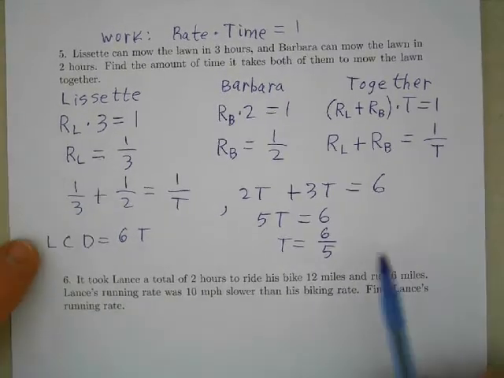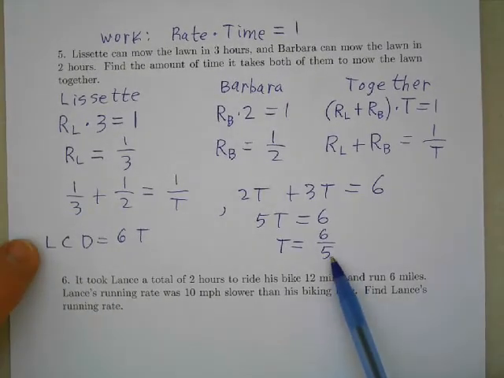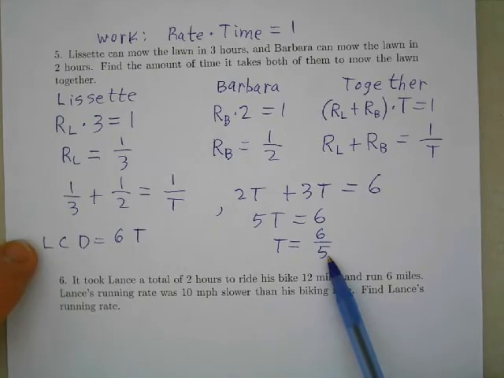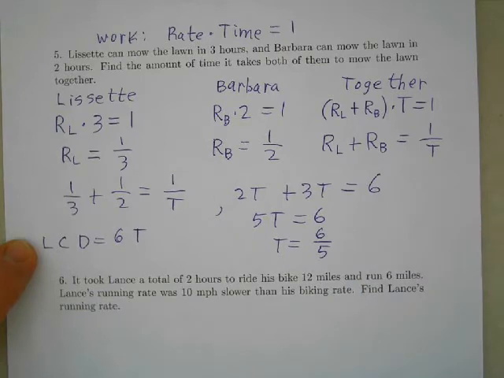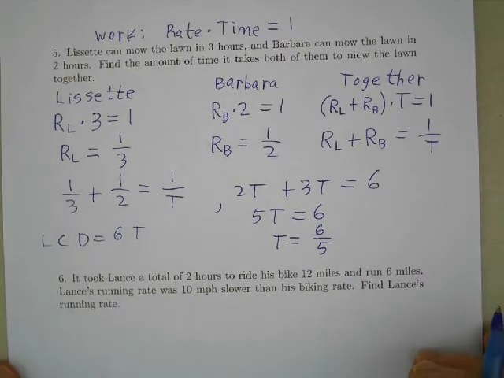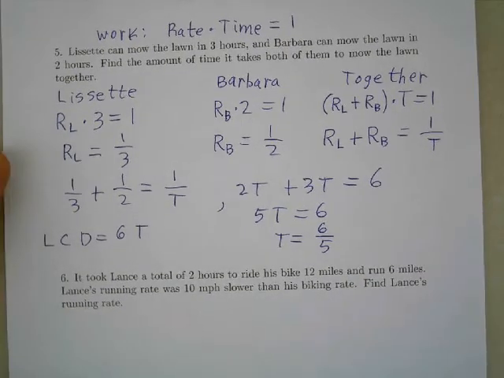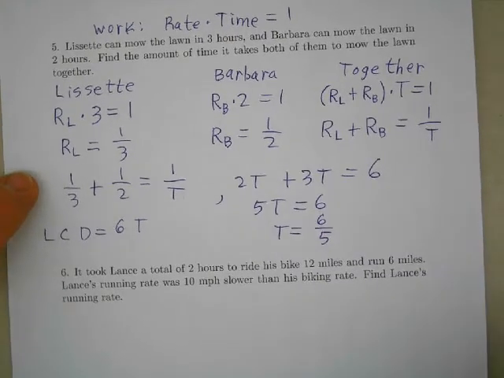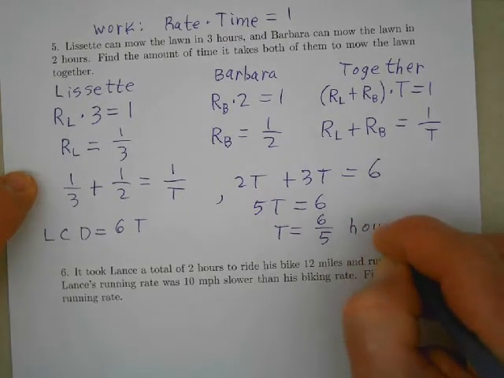So when they work together, they can mow the lawn in 6/5 hours, or 1.2 hours, which is 1 hour and 12 minutes. But I'll just say 6/5 hours.